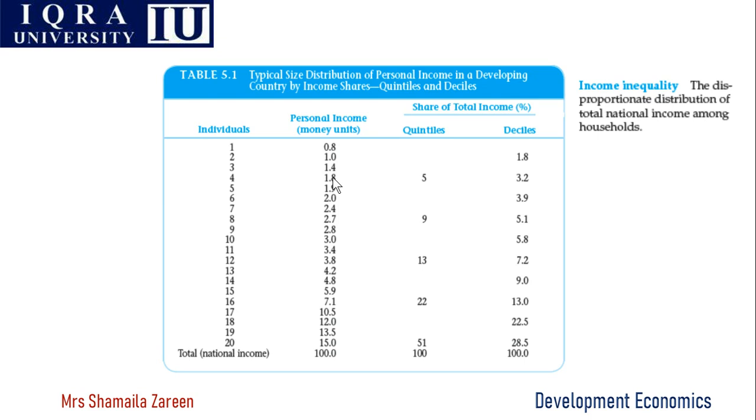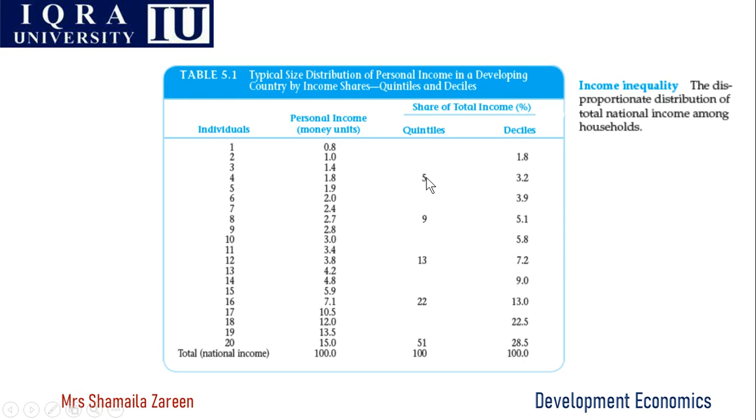So here in column 3 the population is grouped into quintiles of 4 individuals each. Now you will see the first quintile. This is showing the first, second, third, fourth, and fifth quintiles. Each quintile contains 4 individuals.